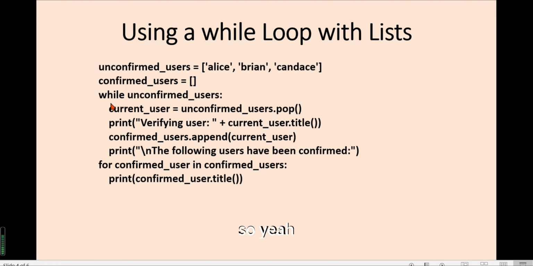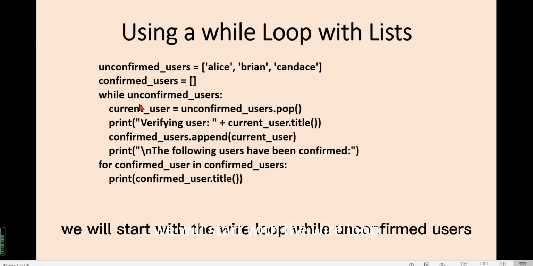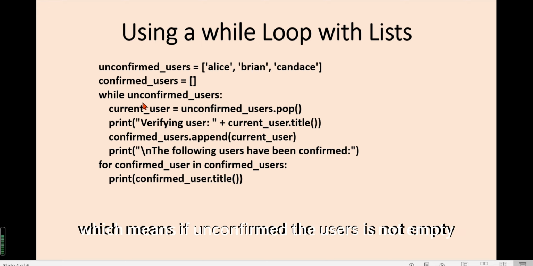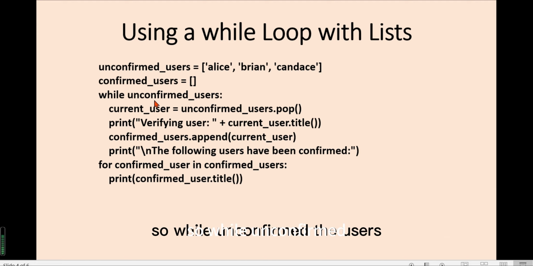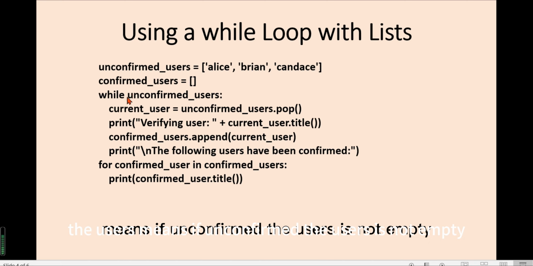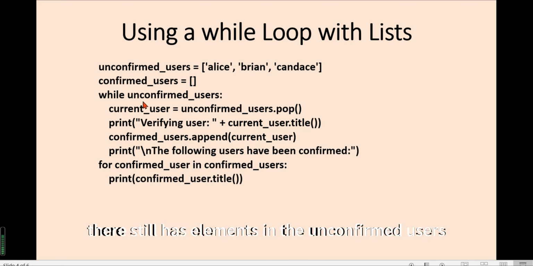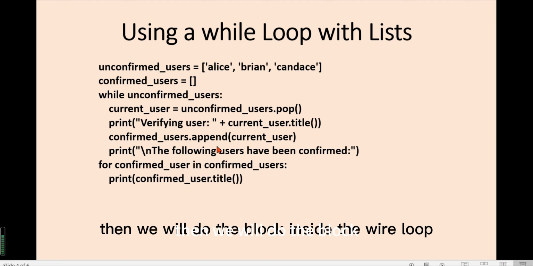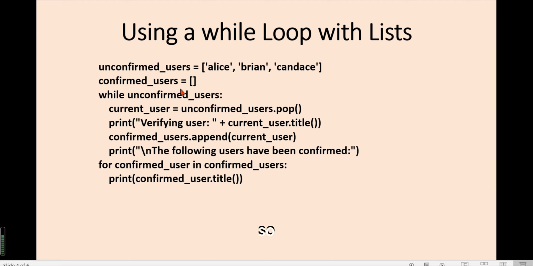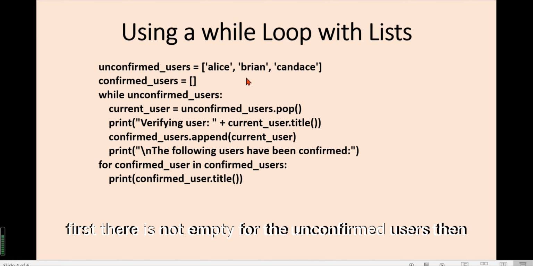Here we start with while unconfirmed users, which means if unconfirmed users is not empty, if there are still elements in the unconfirmed users, then we will do the block inside the while loop.